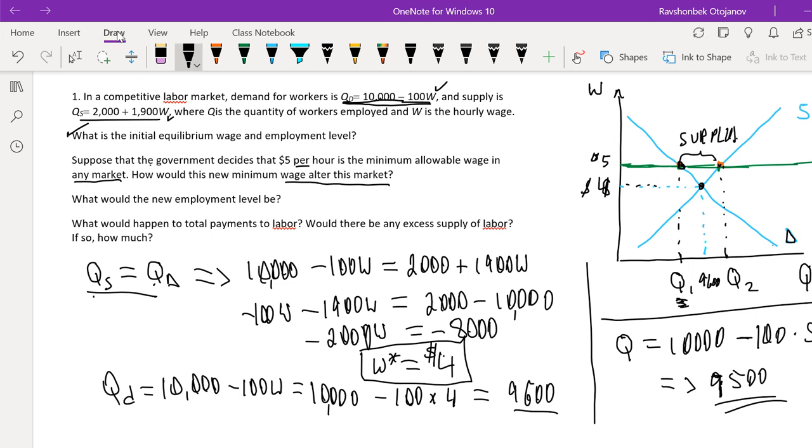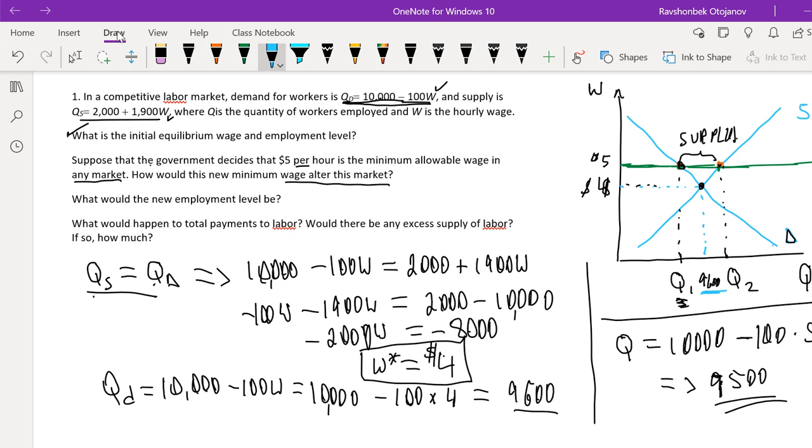Earlier, if you recall, this was the original employment level, which was higher at a lower wage. Now wages are a cost of production, and the cost of production increased by the amount of the wage increase, so fewer people will be employed. That makes sense, right? This yields 100 people who are now unemployed or lost their jobs. Okay, so that's that.